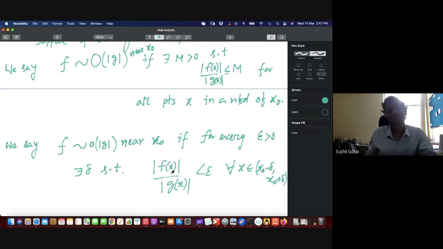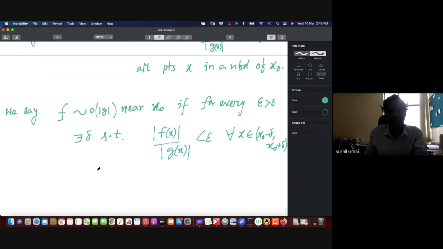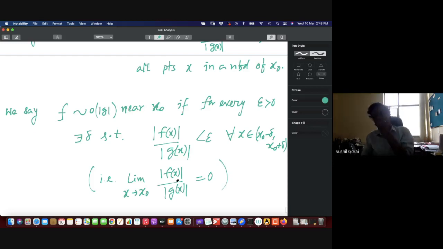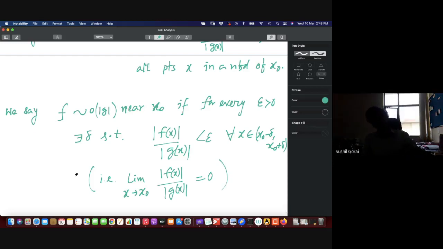So what does it mean? The limit as x tends to x naught of mod f(x) by mod g(x) equals 0. So this means it.